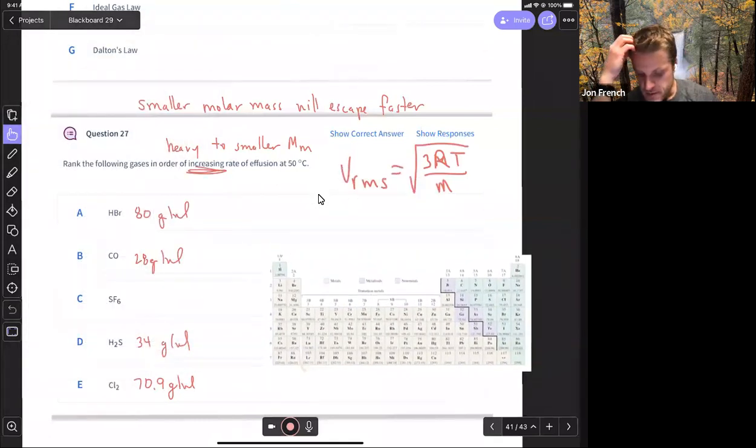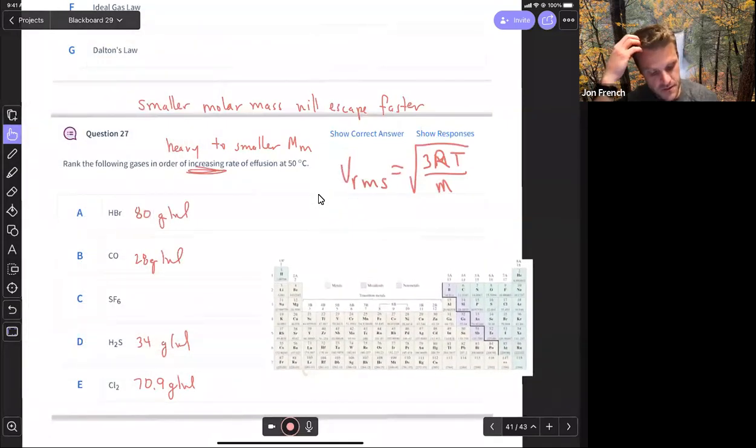All right, what was the sulfur? Sulfur's 32, so yeah, 34, and then sulfur hexafluoride. Sulfur is 32, and then 6 times 19 plus 32, 146.